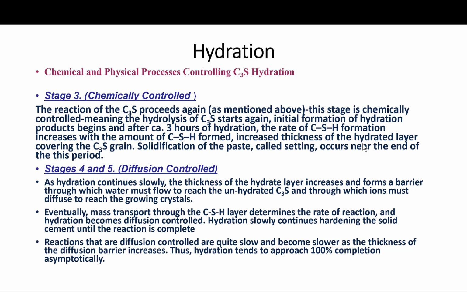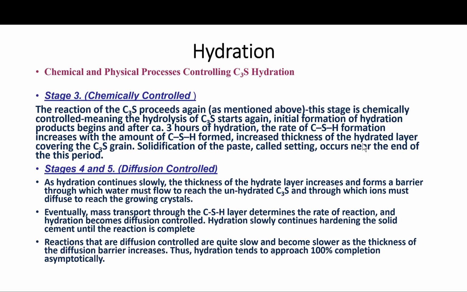The initial formation of hydration products begins, and after about 3 hours of hydration, the rate of calcium silicate hydrate formation increases with the amount of calcium silicate hydrate formed. Also, what happened here, we have increased thickness of the hydrated layer covering the C3S grain. Solidification of the paste, cold setting, occurs in this period, for about 4 to 8 hours.